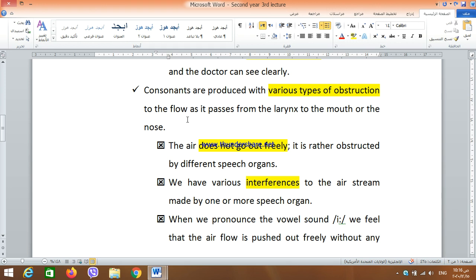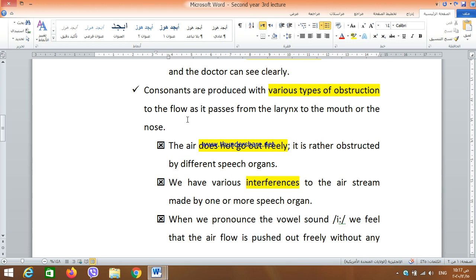So the air is sometimes completely obstructed, sometimes it's partially obstructed, sometimes it's slightly obstructed. All of these types of obstruction are available, at least in English. So we have various interferences to the air stream made by one or more speech organs.